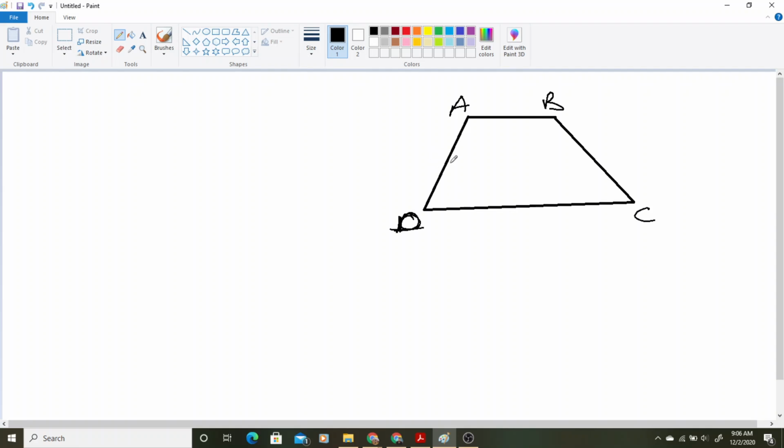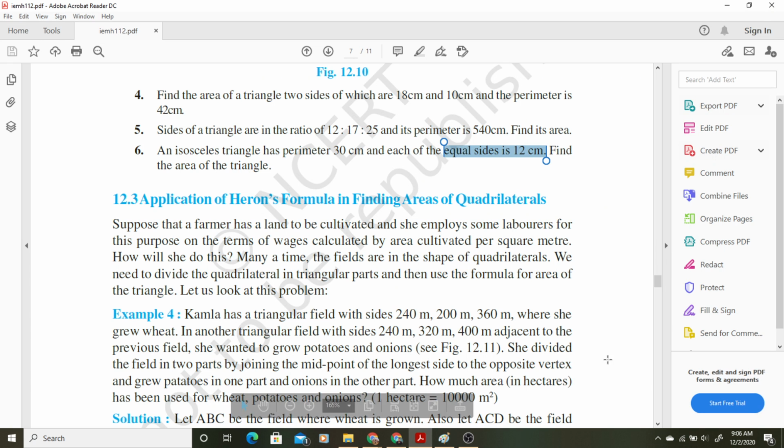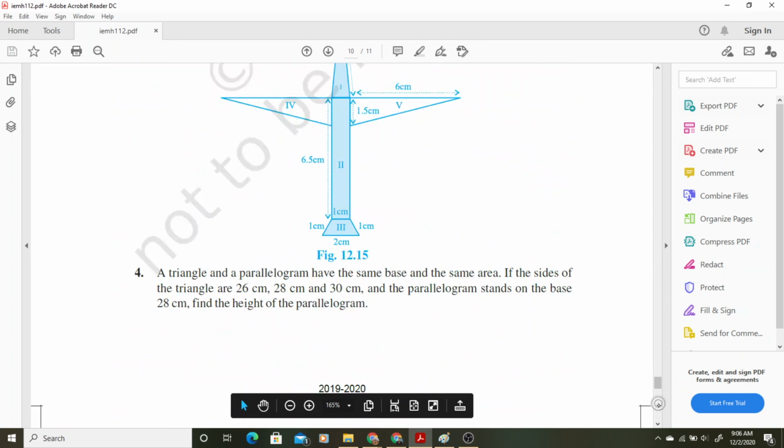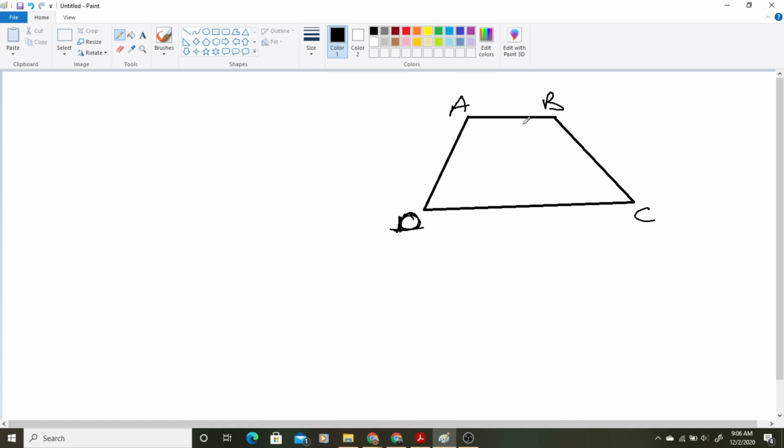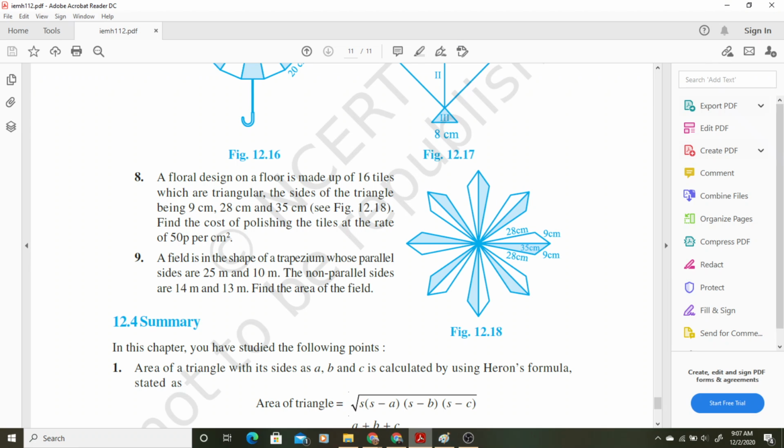Its non-parallel sides are given. Actually, this is a question that is given in your textbook also. Just see the sides, 25, 10, 14, 13. So this side is given 10 centimeter, this side is given 25 centimeter, this side is given 13 centimeter, and this side is given 14 centimeter. So the question for you is, find the area of this field.